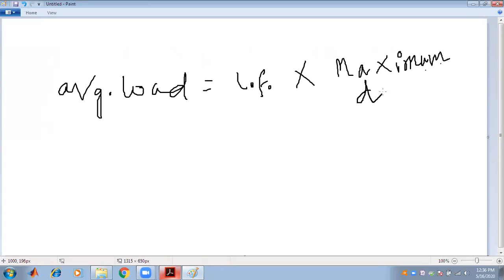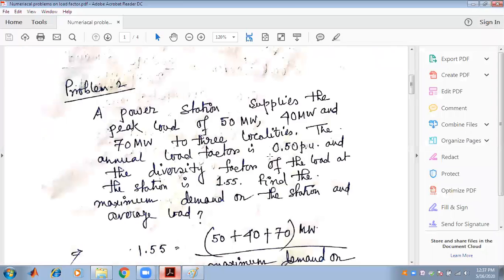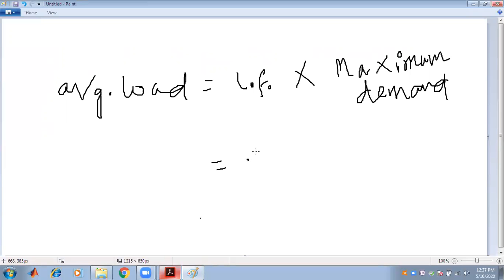So the maximum demand we have just found is 103.22 megawatt. The load factor is given here clearly as 0.50 pu, so just write 0.5. It is multiplied by the maximum demand, 103.22.